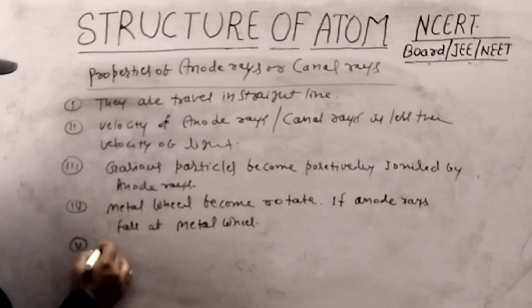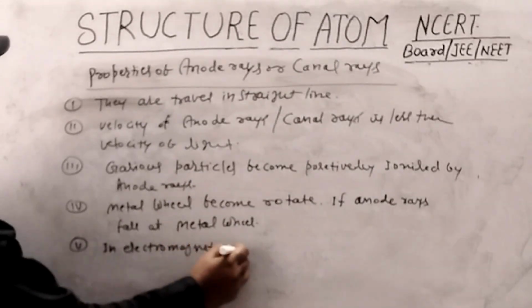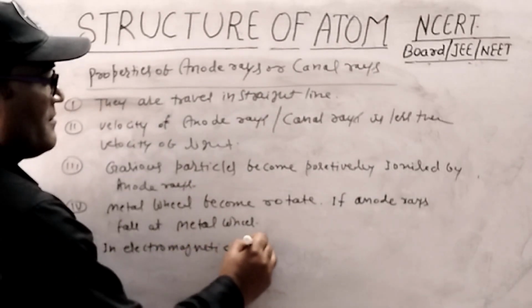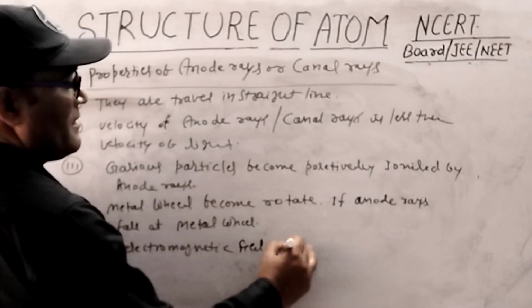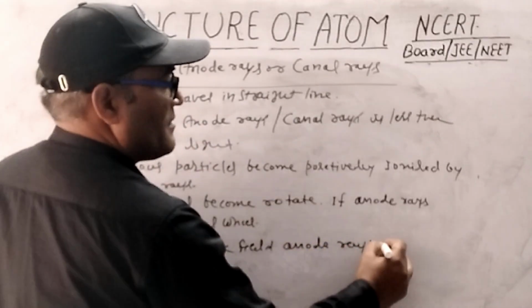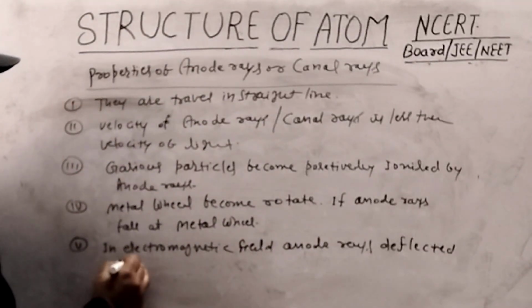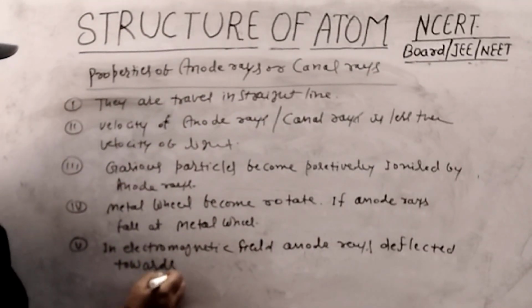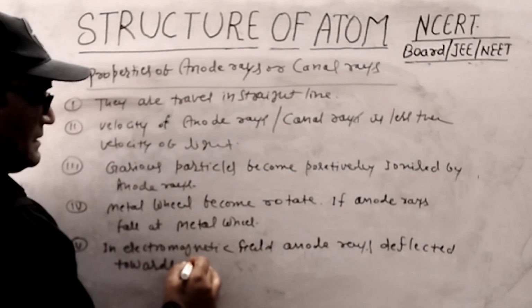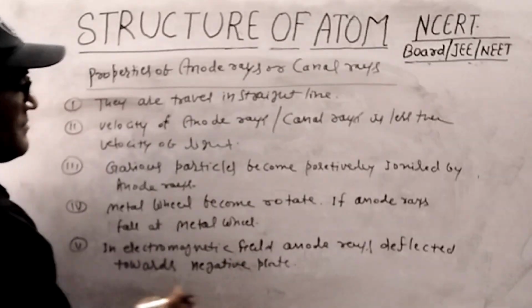Now the fifth point: we can write here, in an electromagnetic field anode rays are deflected towards the negative plate.